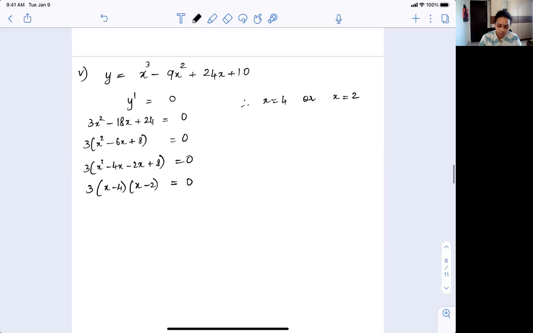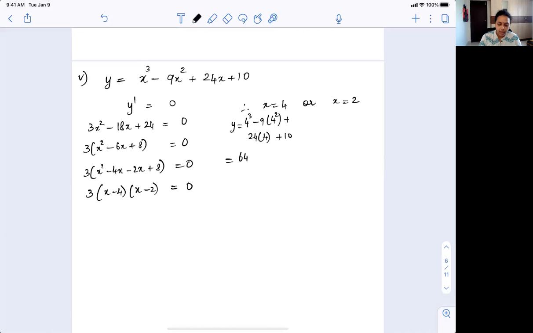When x is equal to 4, my y becomes 4 cubed minus 9 times 4 squared plus 24 times 4 plus 10. So 4 cubed is 16 times 4, which is 64. Minus 9 times 16, which is 144.